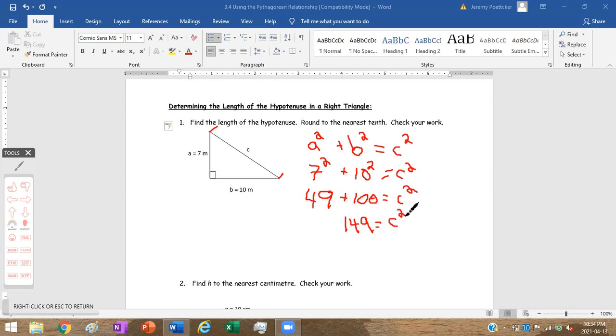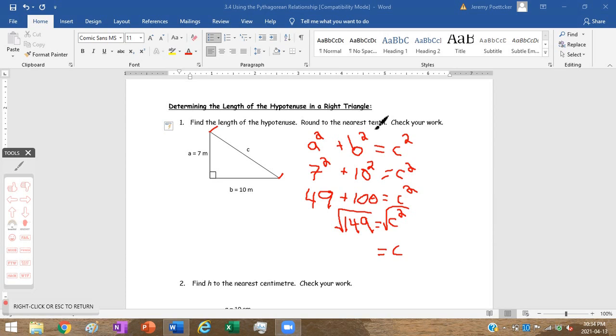And so mathematically, to do that, I'm going to have to find out what the square root of this is. So algebraically, I do the same thing to both sides. Take the square root of both sides. Now the square root of c squared is just going to be c. And the square root of 149 has to be figured out, to the nearest tenth, it tells us up here. So that's 1 decimal place.